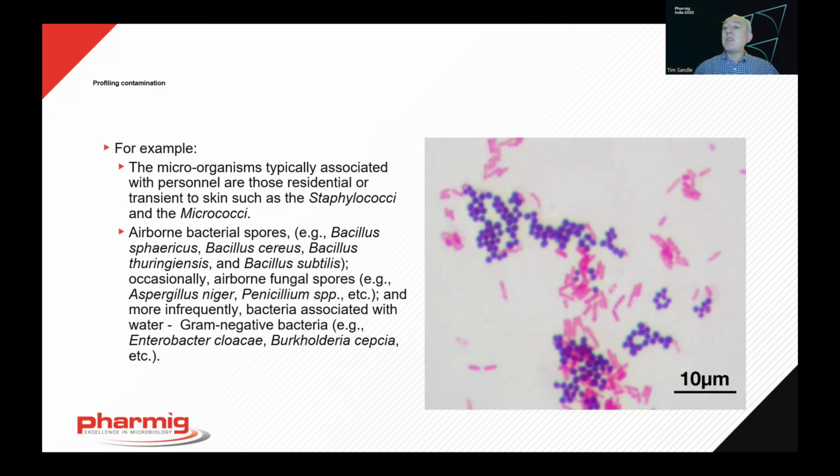They're often the signals for poor personal hygiene. Then there are others that will be associated with water sources. They like particularly dark, damp conditions, so things like water systems, leaks, puddles, that sort of thing. Particularly if we're getting the Pseudomonas type microorganisms, we can put them into that category.